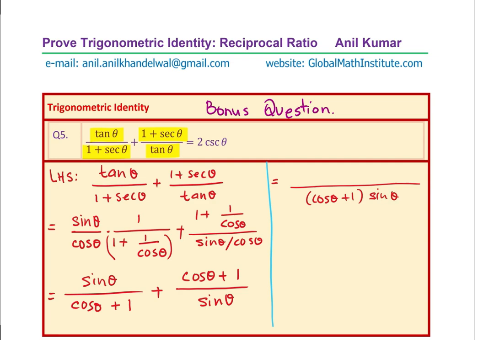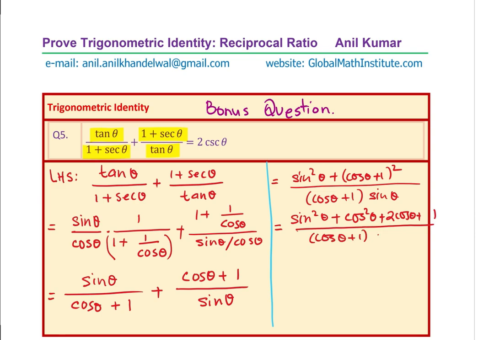And here we get sine square theta plus cos theta plus 1 whole square, right? So if you expand, what do you get in the numerator? We get sine square theta plus cos square theta plus 2 cos theta plus 1 divided by cos theta plus 1 times sine theta.